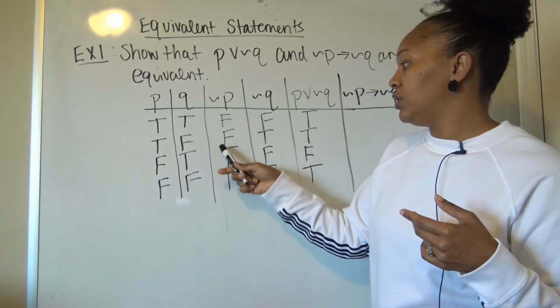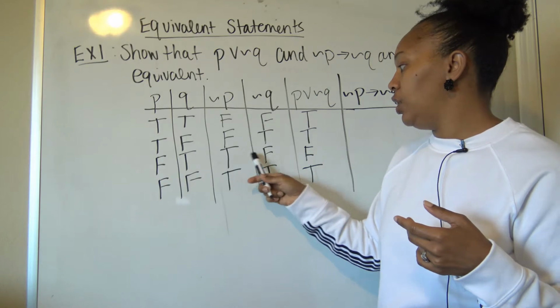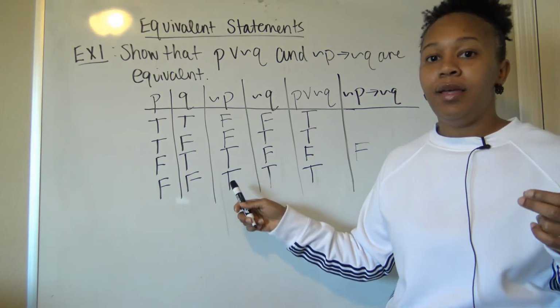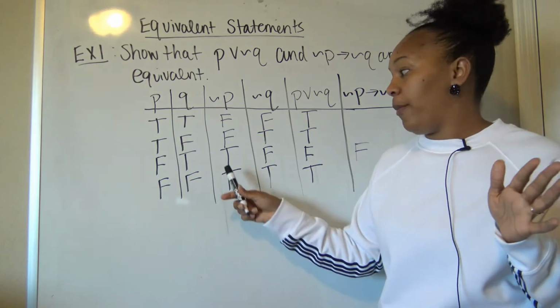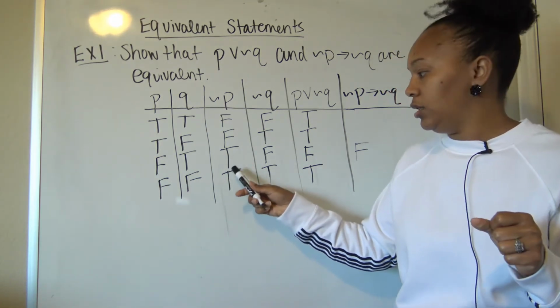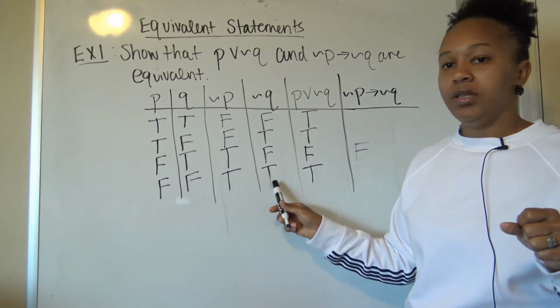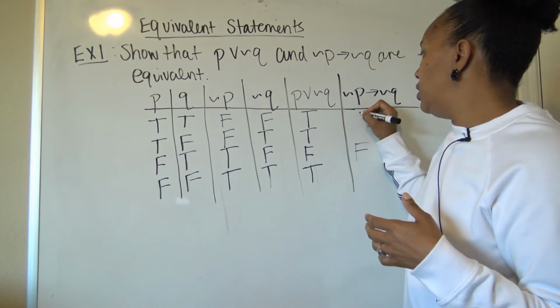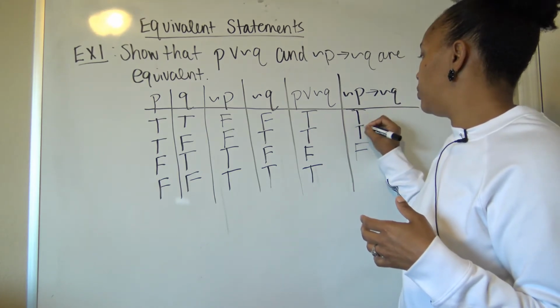So where is the first statement true and the second one false? Here. So that third one would be false, and then it doesn't mean it can only happen once. So I definitely want to check all the other cases to see if it happens again. So this one, the first one is true, but the second one is false, so it does not happen here. So that means the rest of these values would be true.